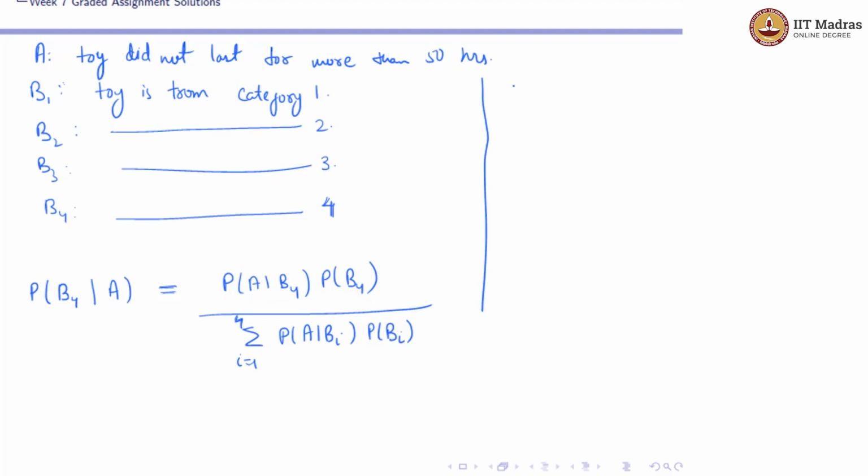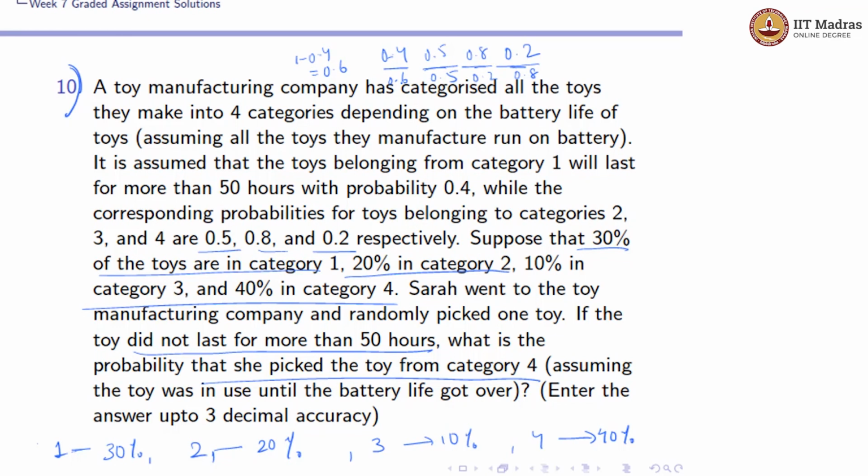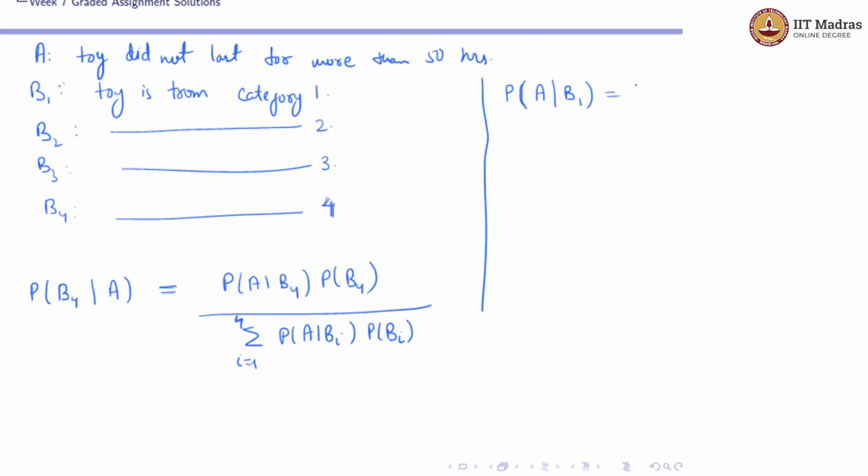We have seen previously that if the toy is in category 1 and it is not lasting for more than 50 hours, that probability of A given B1 is 0.6.